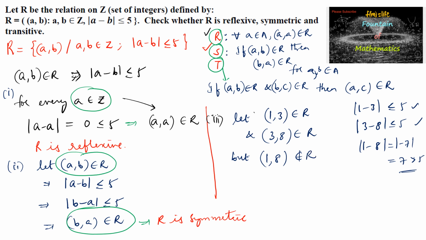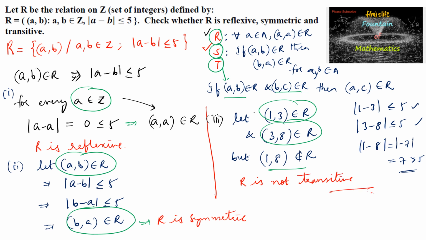So for A comma B belongs to R and B comma C belongs to R, but A comma C, this 1 comma 8, does not belong to R, and with this example we can say R is not transitive. To disprove it, we need to give at least one example. Here one example is enough to show that this relation is not transitive. In general cases we will prove it, but in the case of not correct, we need to give a counter example.